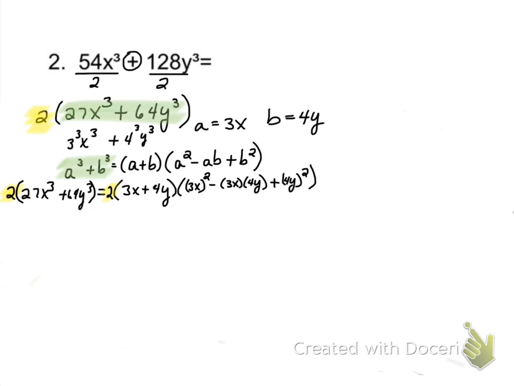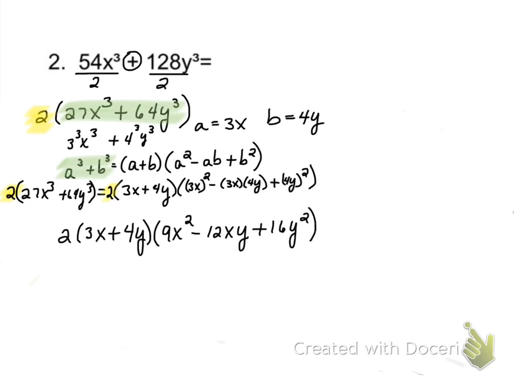All right, so our final answer will be 2, and then you'll have the 3x plus the 4y. Now, 3x times 3x is going to be 9x squared minus 4 times 3 is 12, and you've got an x and a y, plus 4 times 4 is 16y squared.